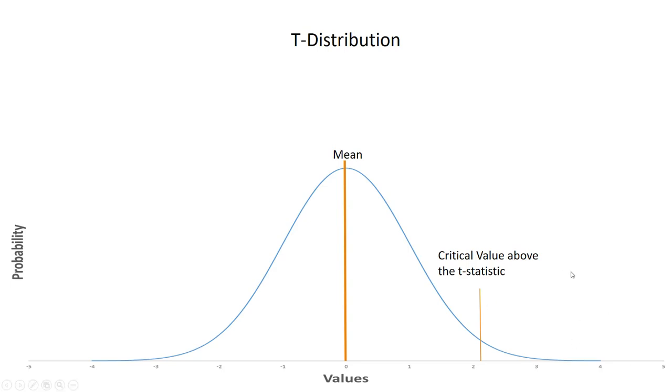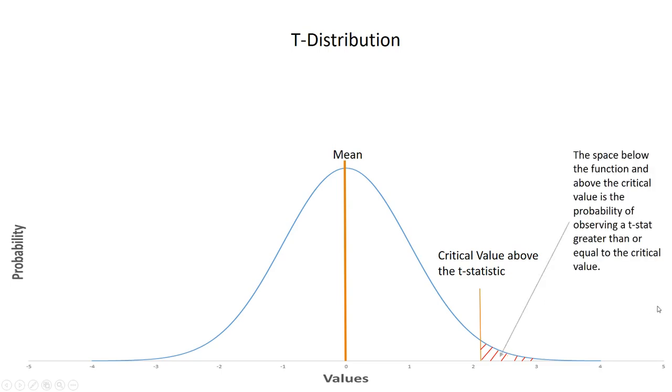So this is some particular value. You'll notice it's a certain number of standard deviations away from the mean of the t-distribution. Now, all the area underneath the curve and to the right of this critical value is the critical region. If our t-statistic is in this region, we reject the null hypothesis.